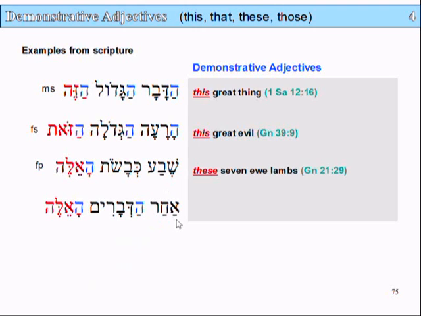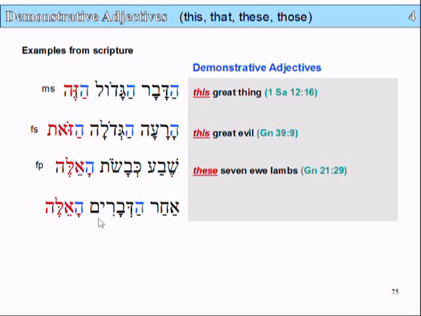Acha, aleph, chet, resh. Acha means after. Hadivarim, the words or things. Davar means word, remember, or thing. Same word. This is the same word as this one, except that was the word or thing, and this is the words or the things.